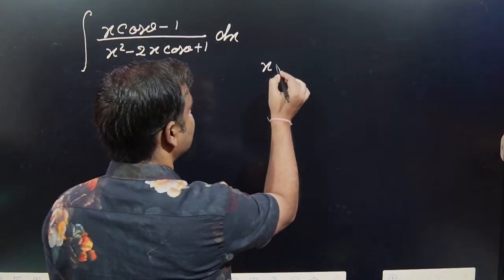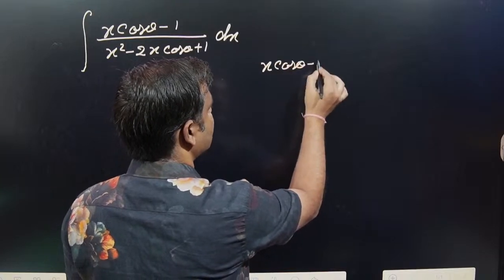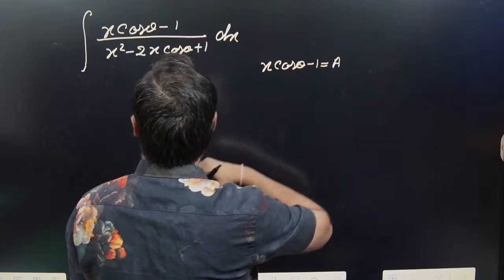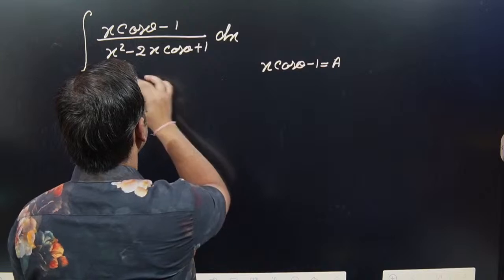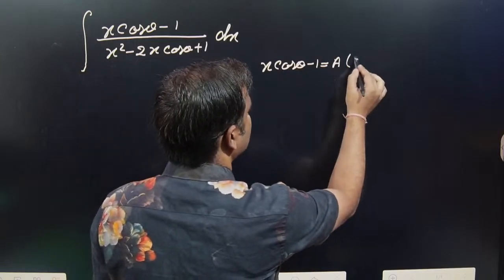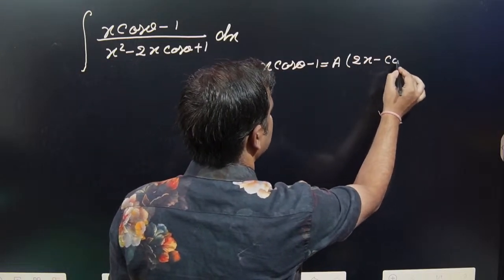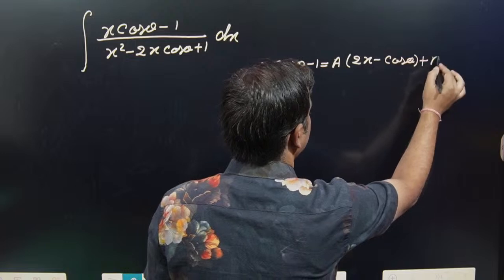x cos theta minus 1 is equal to a into the differentiation of this one, so 2x minus cos theta, plus b.